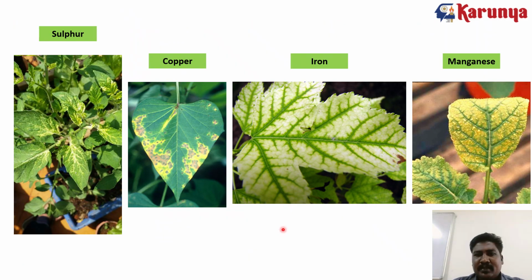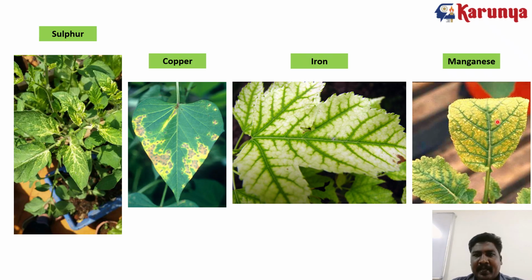And coming to the deficiency symptoms on the upper leaves, mostly sulfur, copper, iron, and manganese are showing the deficiency symptoms. You can clearly differentiate these symptoms: with sulfur, the complete leaves turn yellow, and with copper, some warts are produced here.